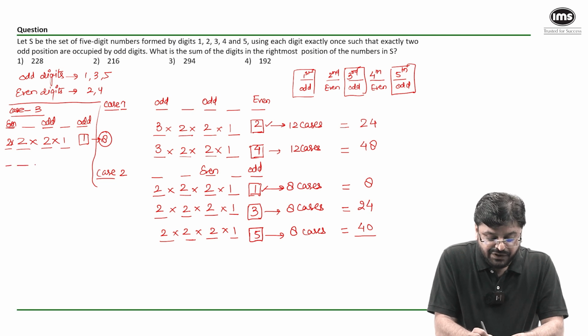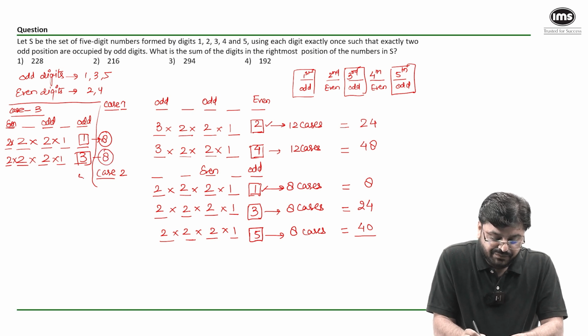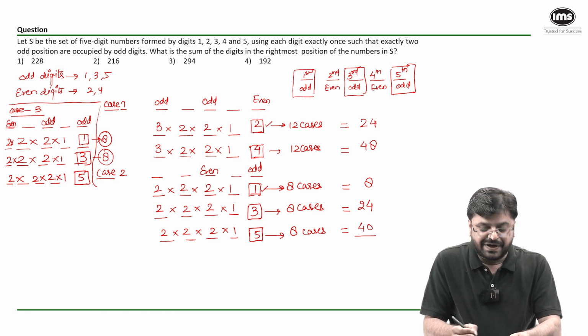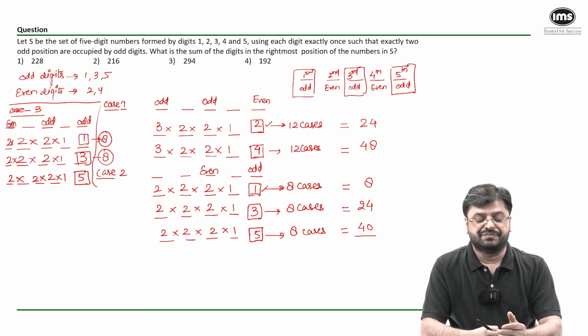Same way, if you place 3 here at unit place, then the number of cases in which this will happen is 8. And same way, if you place 5 at the unit place, then there will be 8 cases in which 5 will be at unit position.